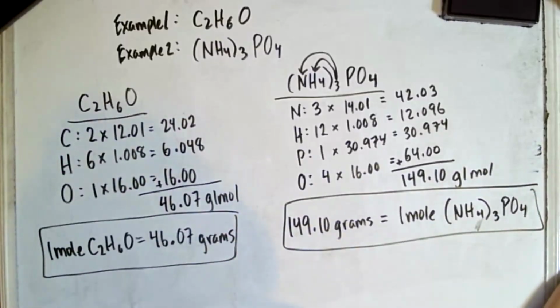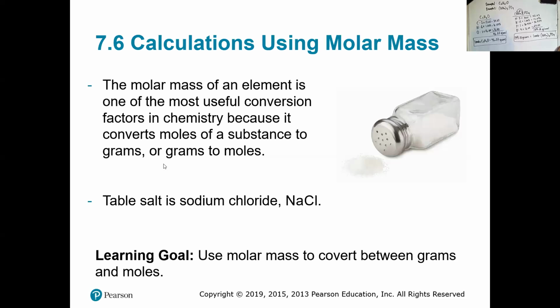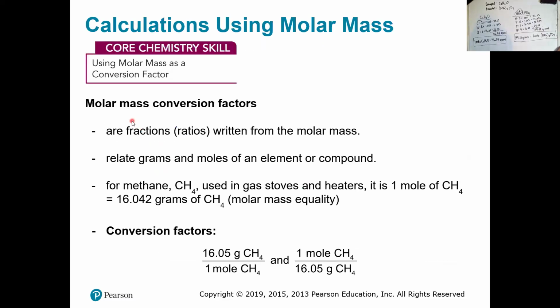And now we want to use this as part of our calculations. Let me share the slides again just so we can look at the steps real quick. We're going to take the molar mass values of our compounds and turn those equalities that we've been writing down into conversion factors so that we can use actual masses of these compounds and then figure out how many moles are present.